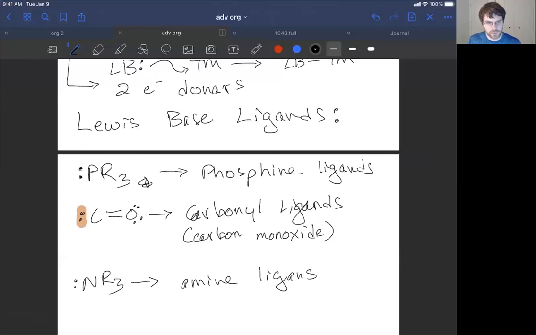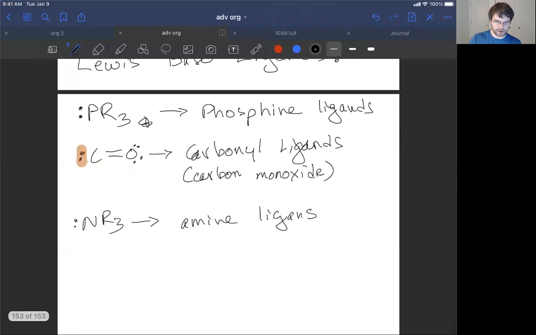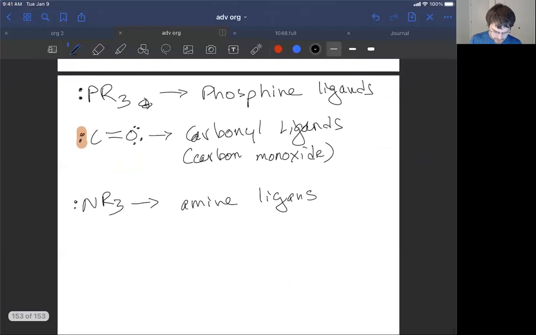We could also have cyano. These would also be examples of 2 electron donors that are Lewis bases. We could have an aqua or a water ligand, and we could have an alcohol ligand or an ether ligand.